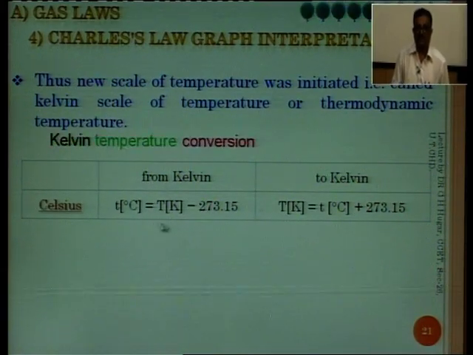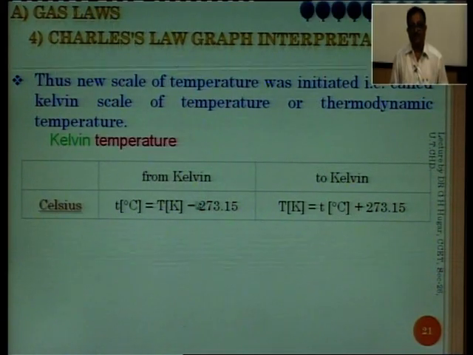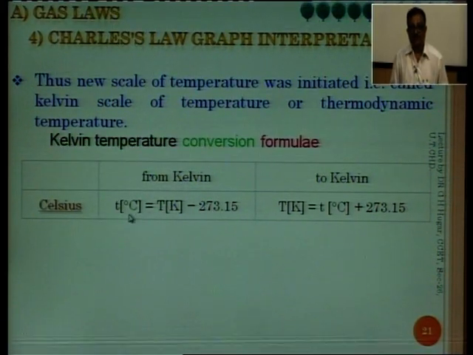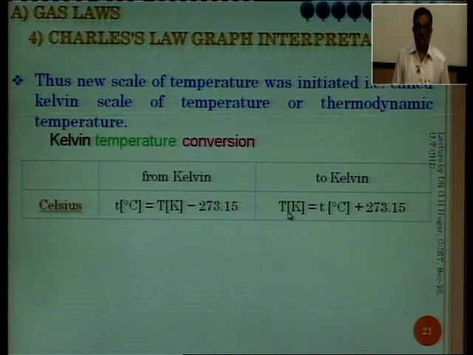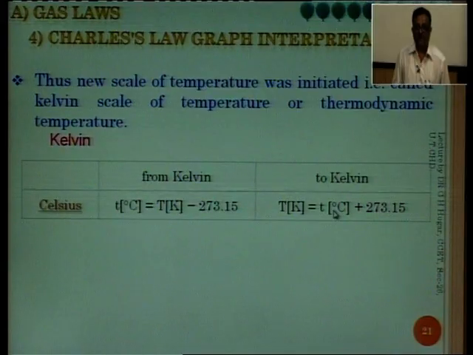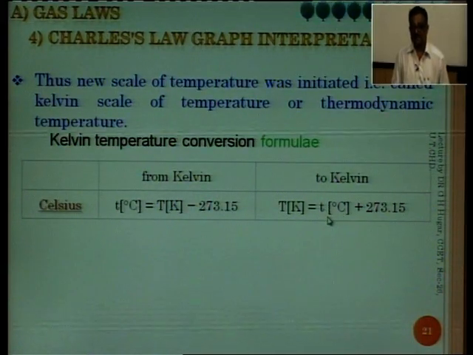Kelvin scale, as we have already known. If you want to convert Kelvin to degree Celsius, subtract 273, and if you want to convert degree Celsius to Kelvin, then add 273 to your degree Celsius temperature.